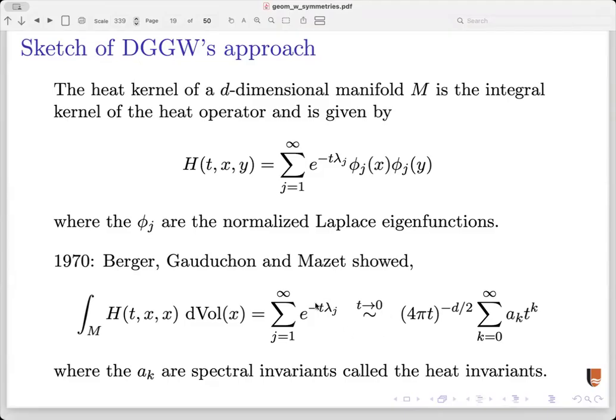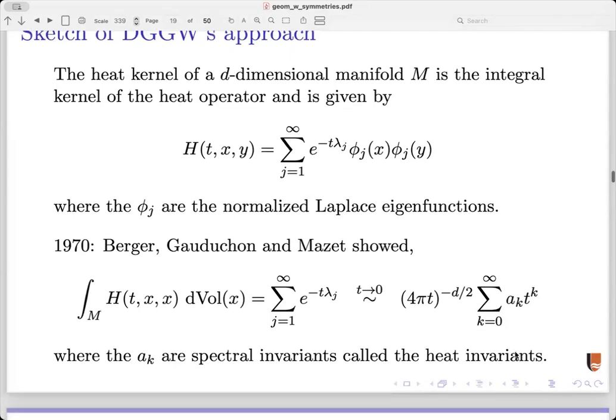And as t goes to 0, imagine t being 0, you're adding 1 to itself infinitely many times. So as t goes to 0, this blows up. And the way that it blows up is asymptotic to an expression of the form here. We see these a_k appearing as coefficients of t to the k in this sum, and those are the invariants called the heat invariants.